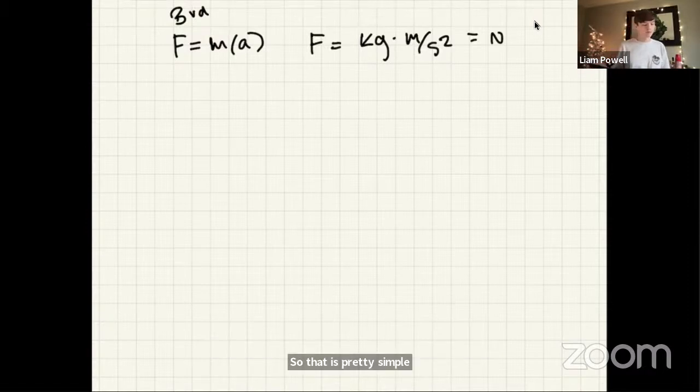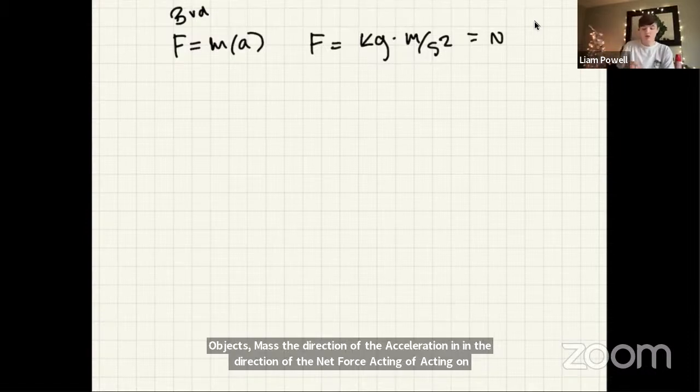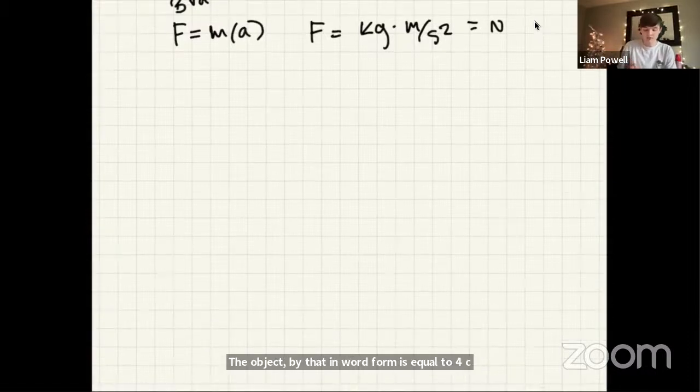And then Newton's second law of motion is the acceleration of an object is directly proportional to the net force acting on it and is inversely proportional to the object's mass. The direction of the acceleration is in the direction of the net force acting on the object. But in word form, that is equal to force is equal to mass times acceleration.